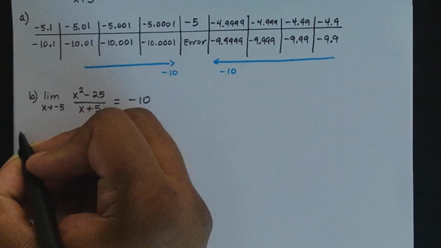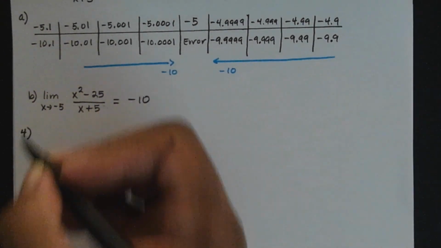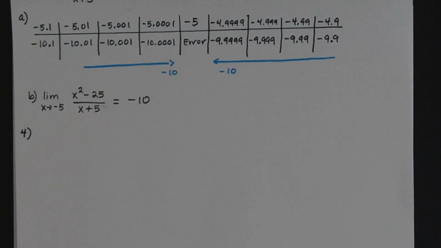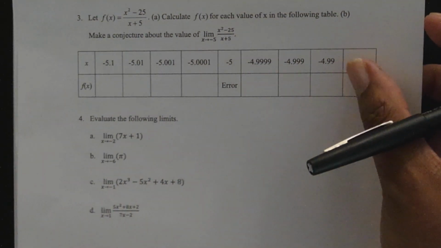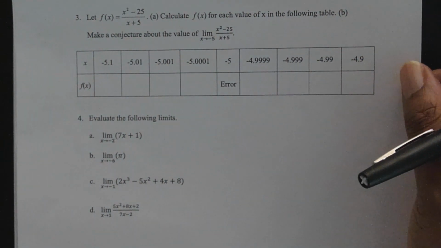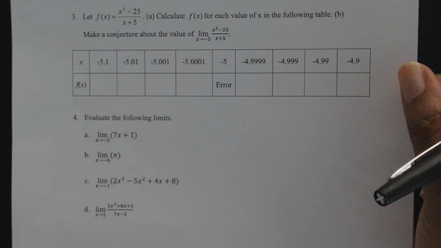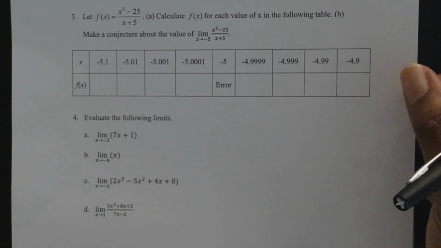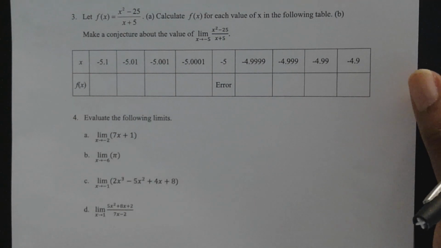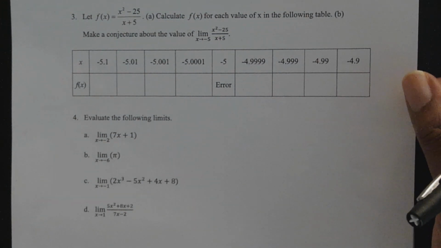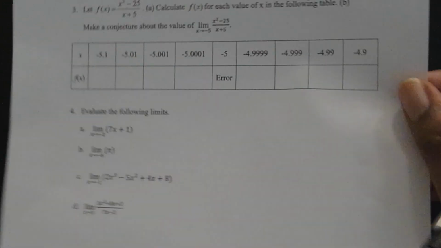All right, number 4 is computing limits using the limit laws in section 2.2. And in this case here, you're going to evaluate the following limits. Now, some of these are going to be pretty much by direct substitution, if that is possible.